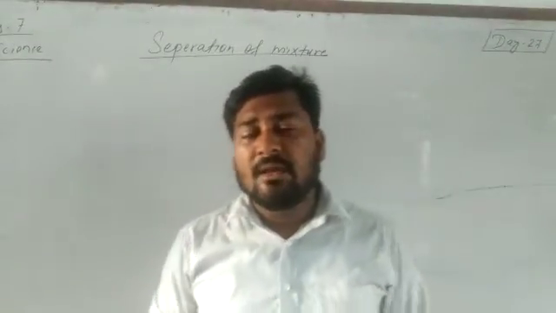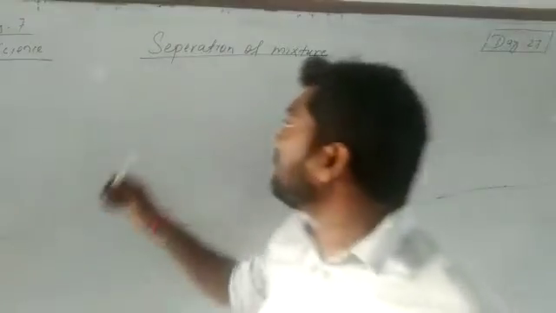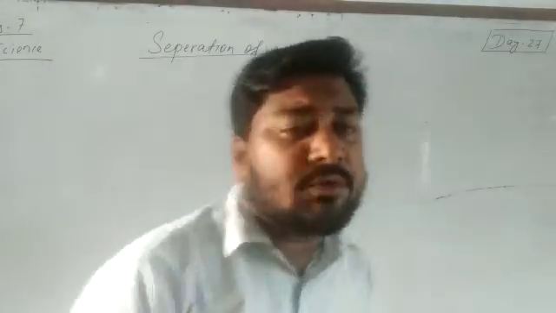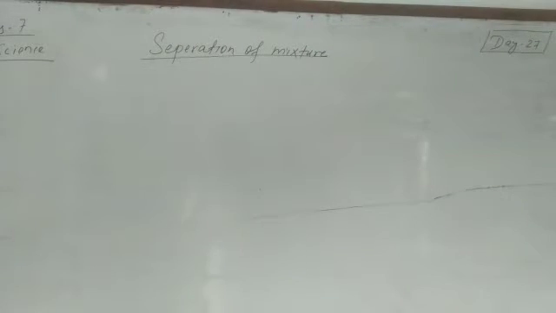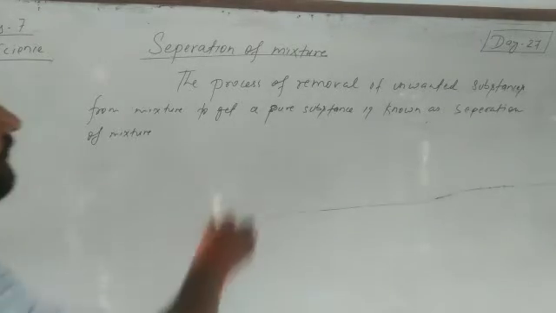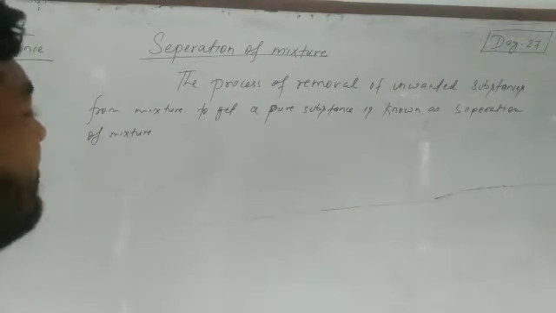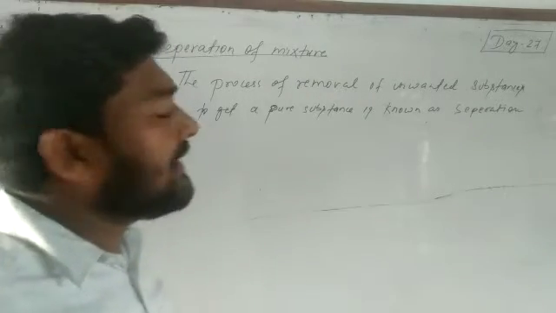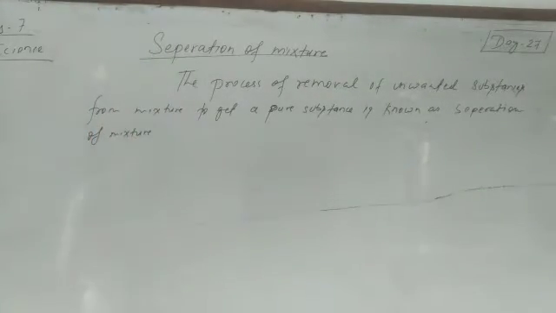Salt water means a mixture of salt and water. So the process of removal of unwanted substances from a mixture to get a pure substance is called separation of mixture.